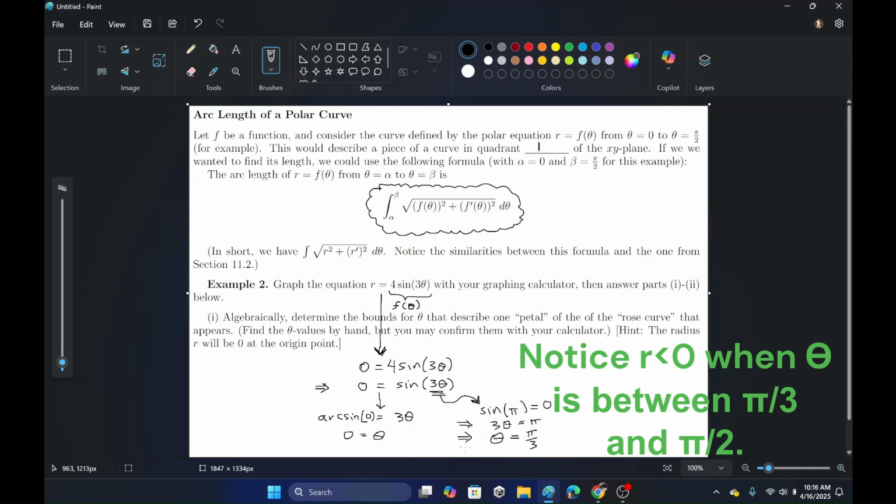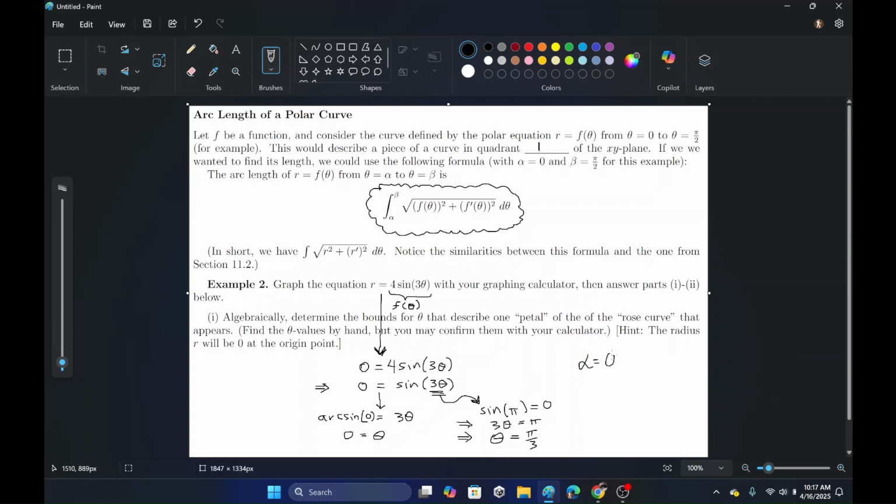It looks like we're going from 0 to pi thirds in terms of this alpha and beta on the integral. We would have alpha equals 0, the lower angle bound, and then beta equals pi thirds. I believe that describes one petal of the rose.